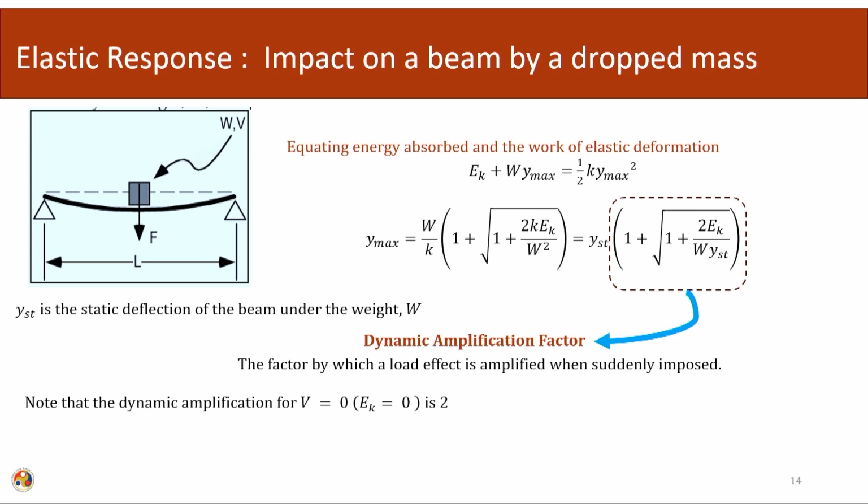This we call the dynamic amplification factor, meaning the factor by which a load effect is amplified when we are dealing with a suddenly imposed load, an impactor: the difference between the static deformation and the dynamic deformation. The dynamic amplification factor is a very neat way to represent the effect of the moving body on the beam. So this equation we can use in design also.